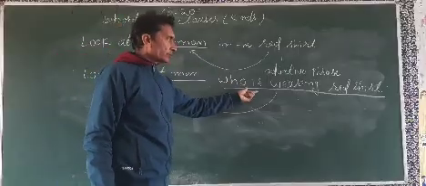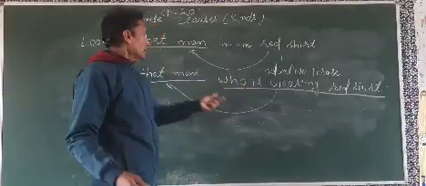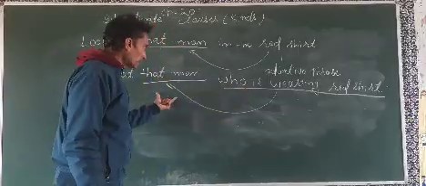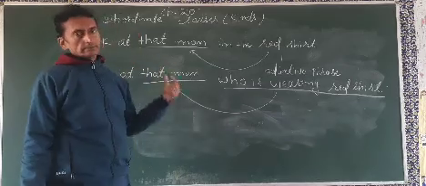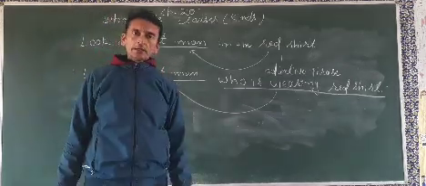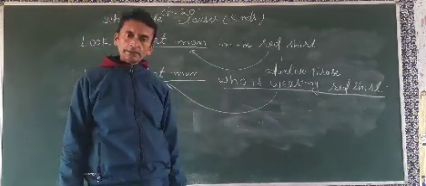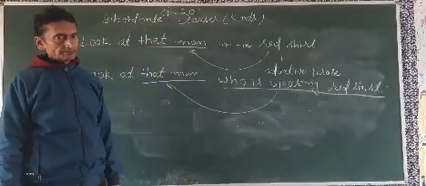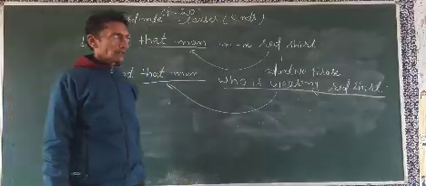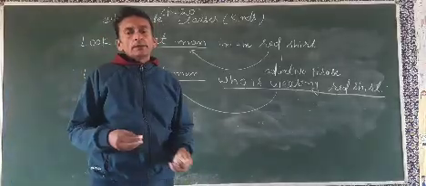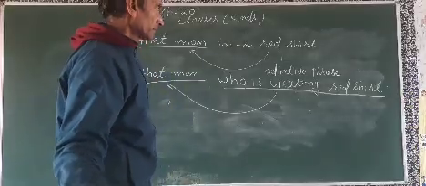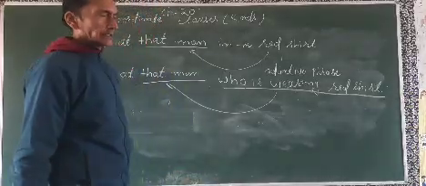Here also this clause is telling something about a noun phrase, and that noun phrase is that man. Okay, students, are you getting it? So now let me give you some more examples of adjective phrase or adjective clause.